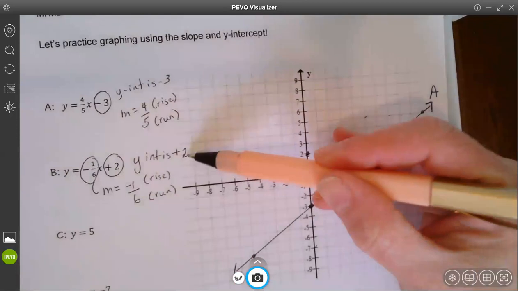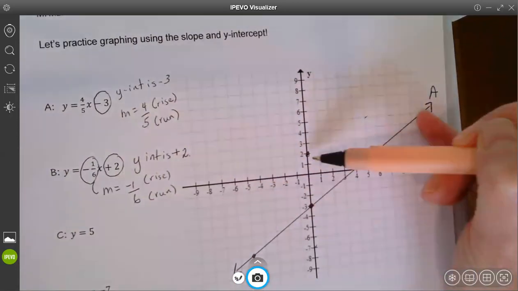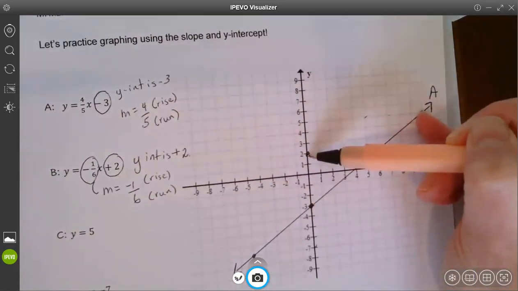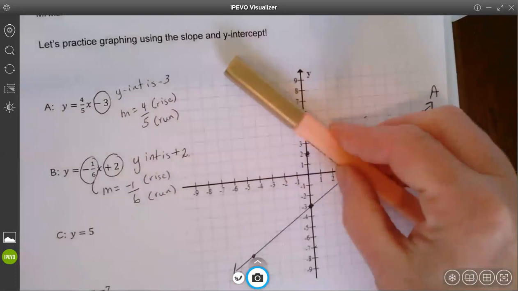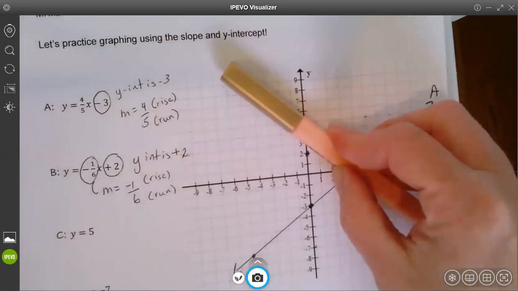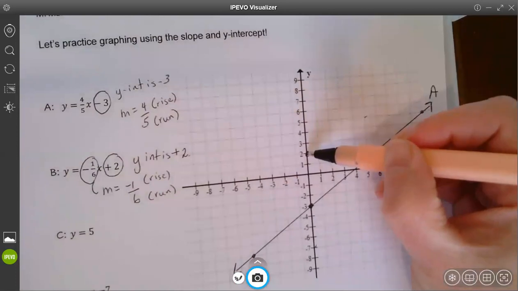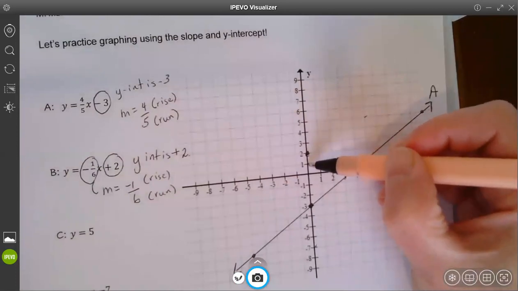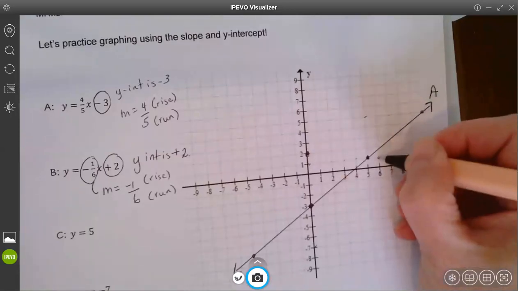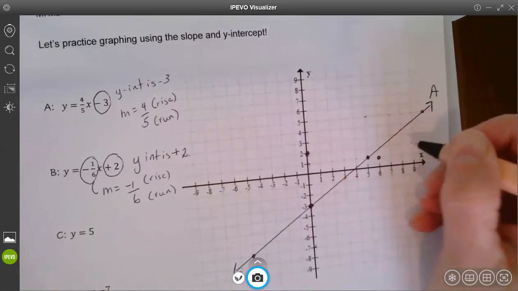The y-intercept of 2 is a point on the y-axis corresponding to that numeric value. Now this time we have a negative slope, so we know that the line has to go down to the right. From the y-intercept, we are going to count down 1 because we have a negative rise, and then go forward 6. So we're at the point 6, 1.